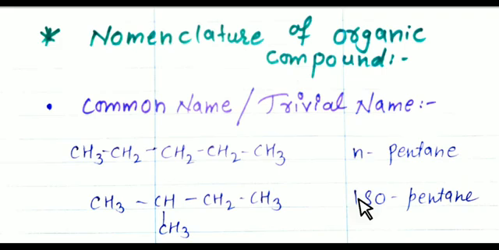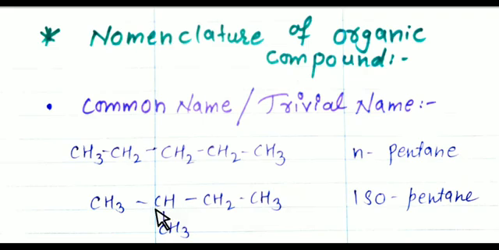n means longest chain, iso means one branch is there. And if one carbon atom is attached with 3 carbon atoms, you have to write tertiary, along with one functional group. And if one carbon atom is attached with 4 carbon atoms, you have to write neo.